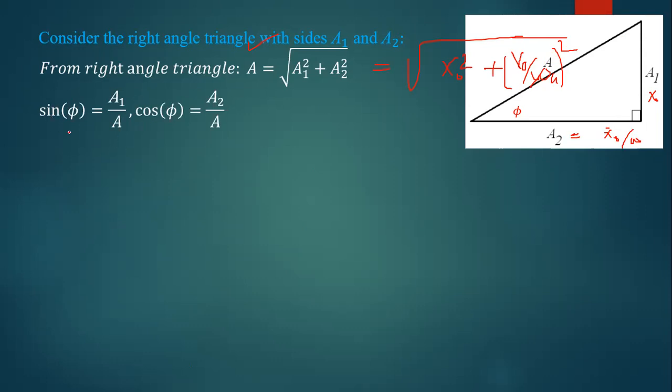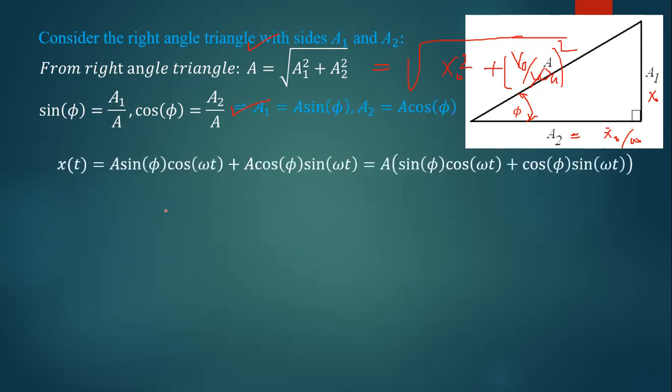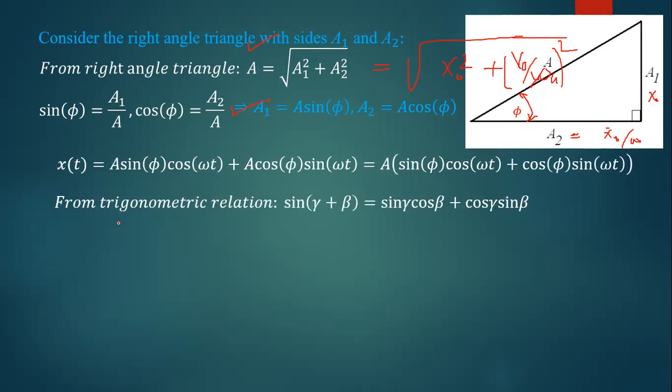Sine is equal to opposite over hypotenuse, and cos is equal to adjacent over hypotenuse. Using this relation we can define the phase angle phi between constant 1 and constant 2, and from that we can get the phi relation. So this is our general equation.